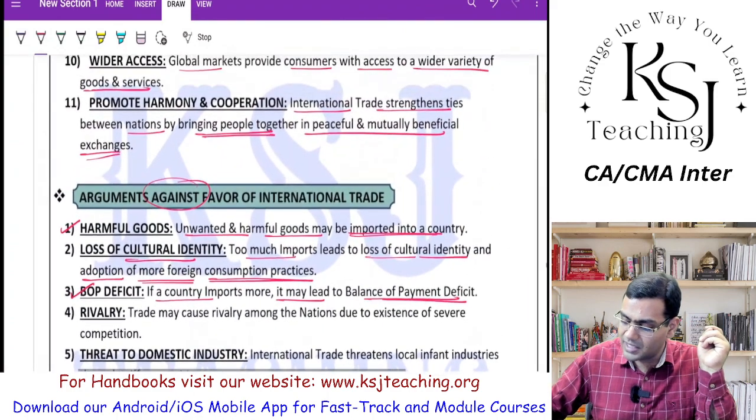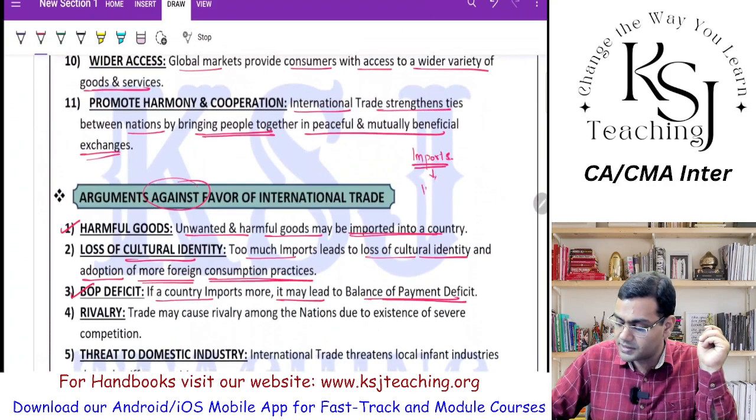Let's take an example: you are importing goods worth $100, right? And your exports are worth only $50. Now what will happen, sir? In case of imports, you have to pay money, and in case of exports, you will receive money, right?